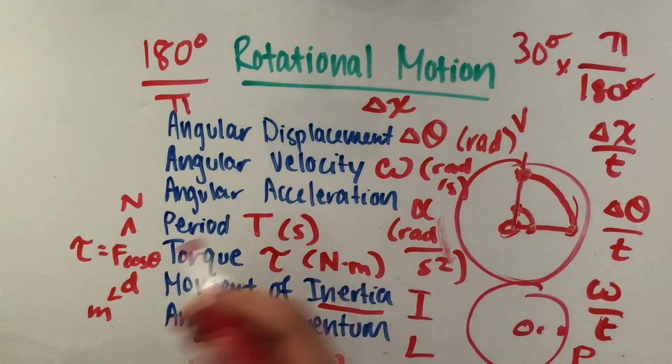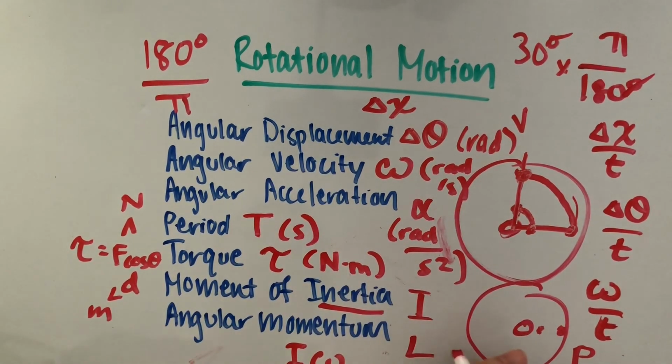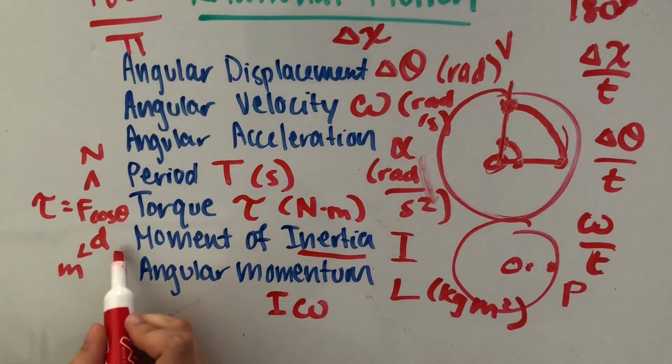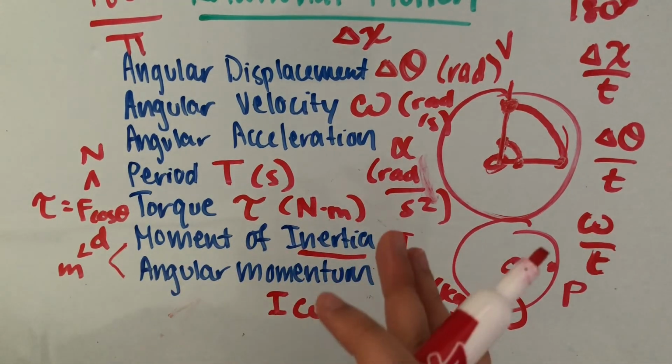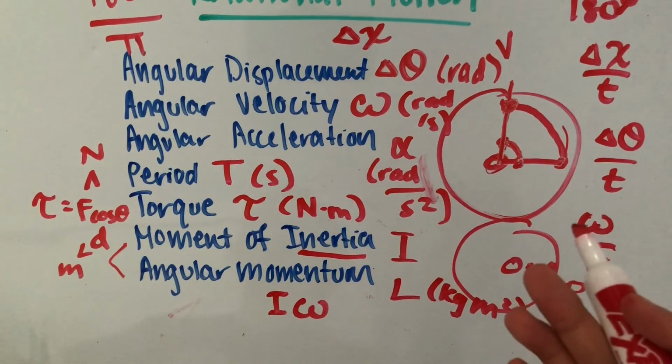And this will be measured in kilograms times meters squared. Now, if these last two seemed a little confusing to you, don't worry, because I'm going to explain them in further depth in a different video.